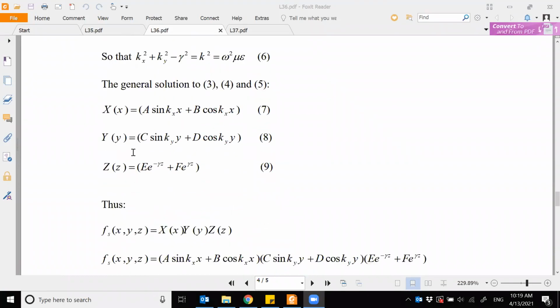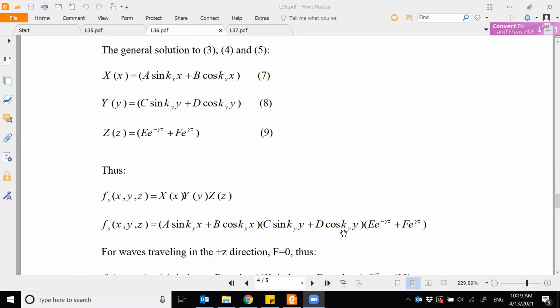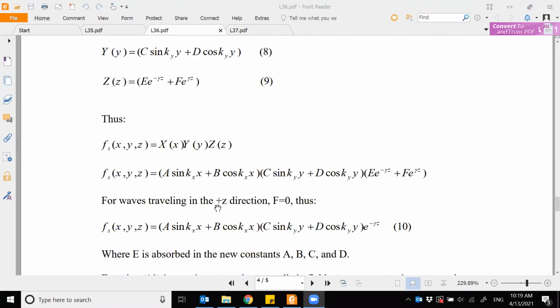And therefore, my function Fs, which is X of x, Y of y, Z of z, is this part multiplied by this part multiplied by this part. So this is our solution. Now, as I have told you, we are assuming that my electromagnetic wave is traveling in the positive z direction.